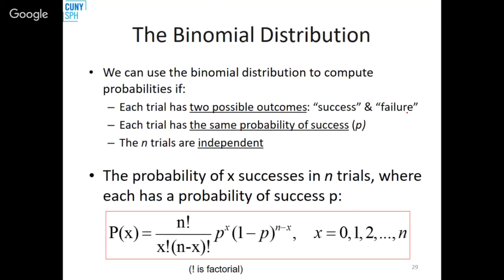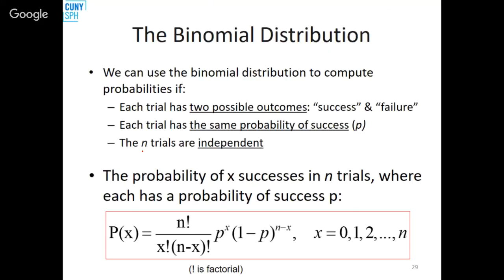Even if they're not really successes and failures, normally you pick one of the possibilities to be what you call a success. Each trial or each observation has the same probability of success. So those 100, in order for the total count to be a binomial distribution, every one of them has to have the same probability of the success outcome and the failure outcome.